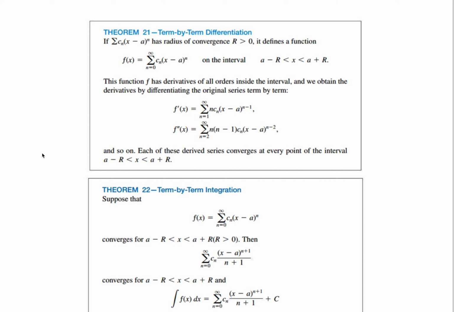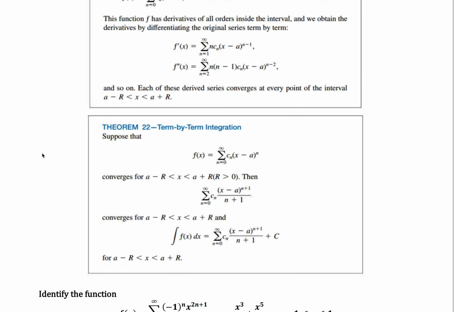We've been talking about this. Theorem 21 says that this function f has derivatives of all orders inside that interval, and we can find the derivative by differentiating the original series term by term.